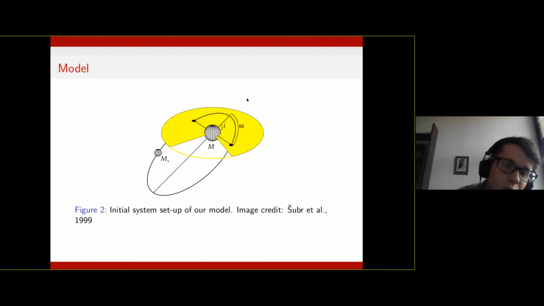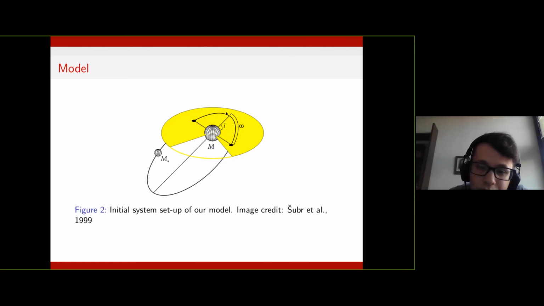So we follow up with the work from Šubr and Karas from 1999 and Karas and Šubr from 2001, which mapped the trajectories and the later distributions of stars passing repetitively through the accretion disk, which is similar to the AGN environment.